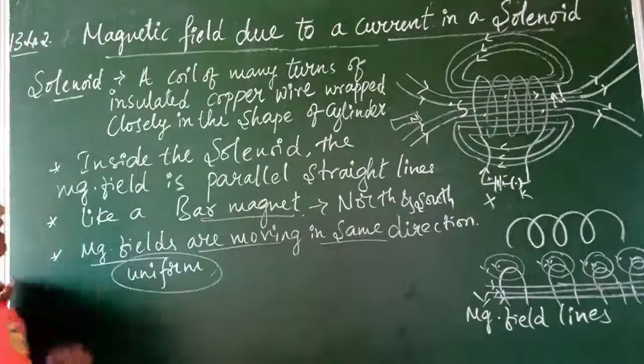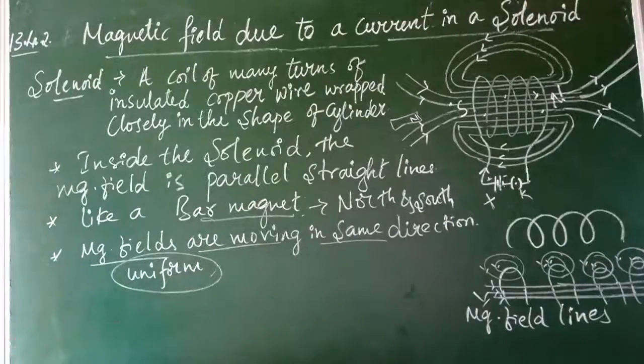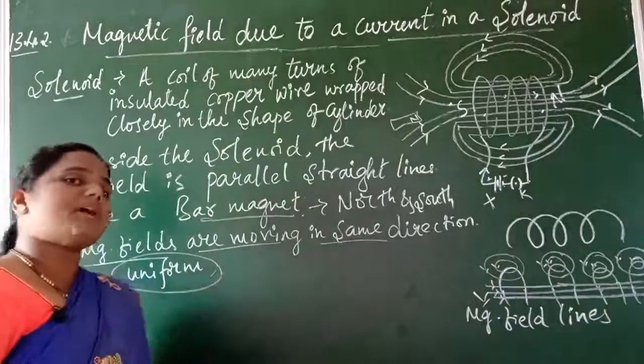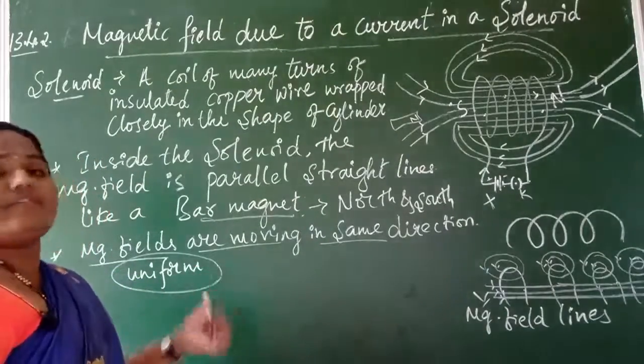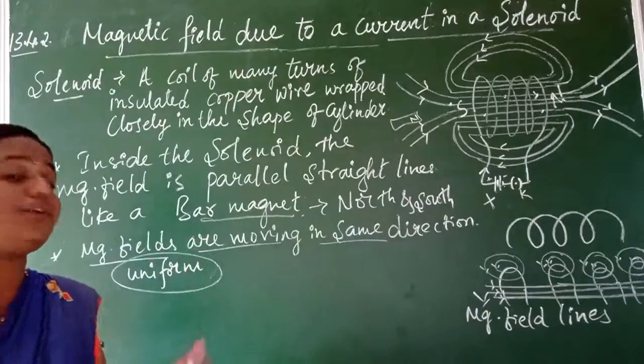Uniform. You have to keep this in mind, children, very important, because in a 1 mark or 2 mark question they may ask why we call the magnetic field in a solenoid uniform.